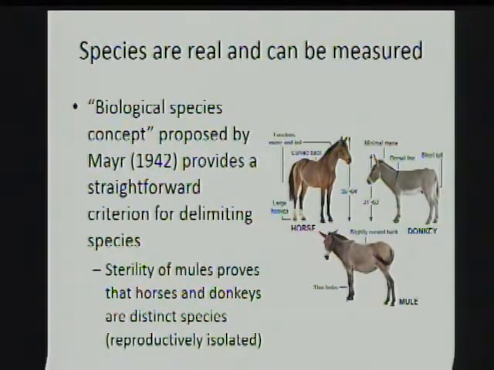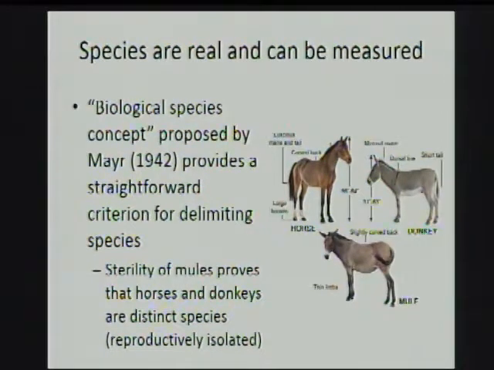And so the classic example is the mule, which proves that the donkey and the horse are different species. So the donkey and the horse can mate, they can produce an offspring, but that offspring is sterile. And so that proves that they're reproductively isolated, and under this criterion, that means they're separate species. So that's great. It works great for animals.